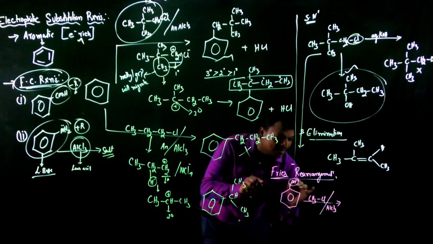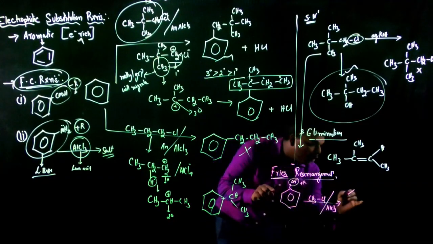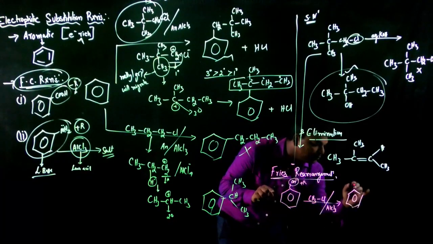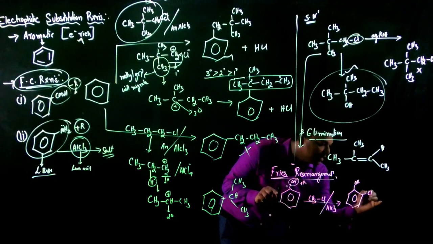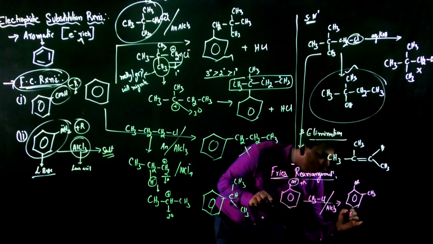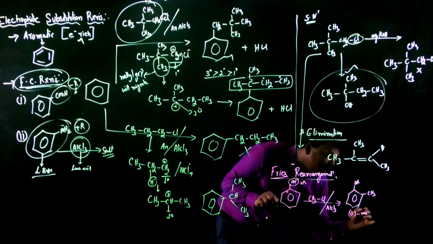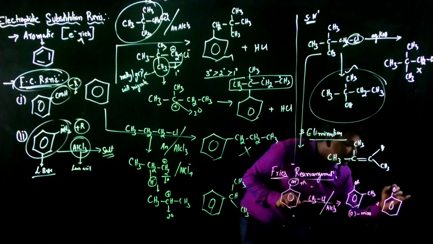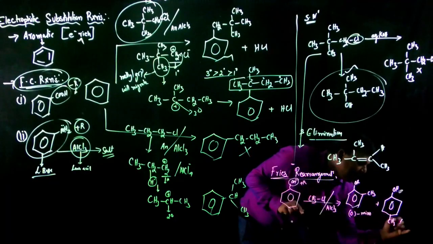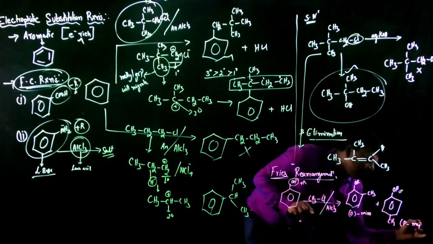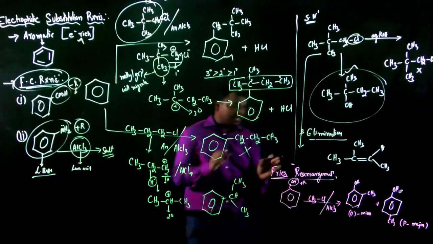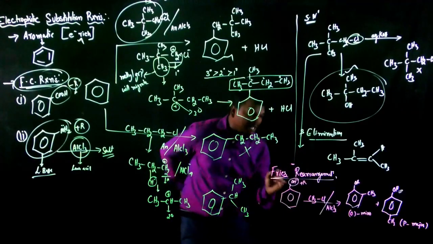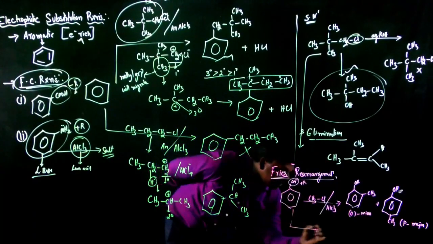Since phenol is a +R group, the product you expect is OH with CH3 in the ortho position, which is going to be your minor product, and CH3 in the para position, which is going to be the major product. You know why. Now, before explaining the Fries rearrangement in detail, I'll do Friedel-Crafts acylation also.